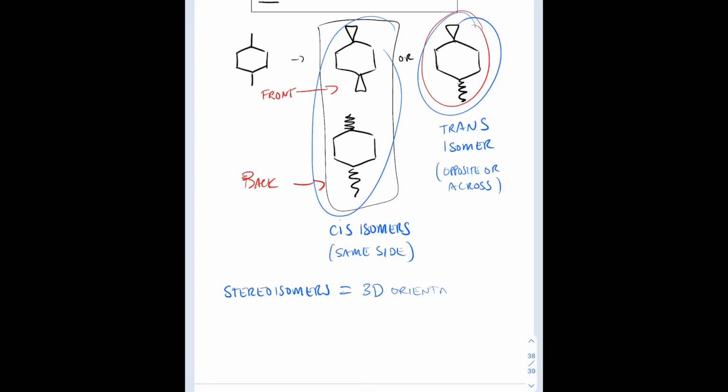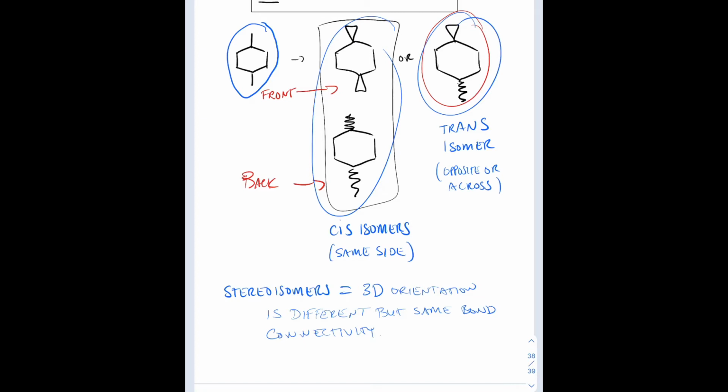So 3D orientation is different, but same bond connectivity.